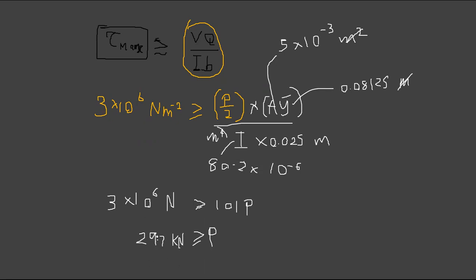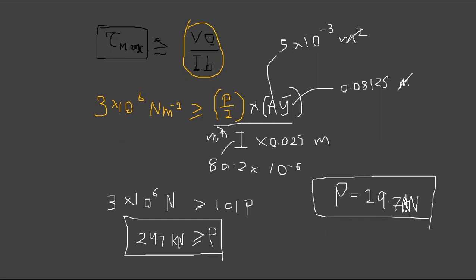So the maximum value of P, in order for the beam not to fail, P should be less than this value, and the maximum value that P can take is 29.7 kilonewton.